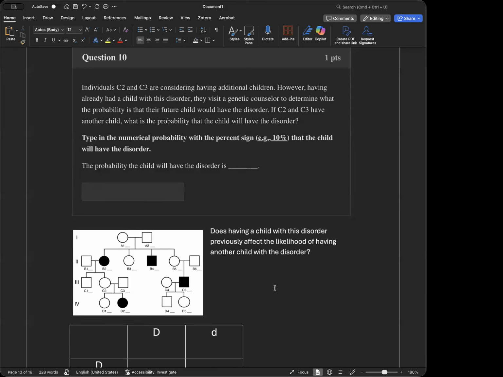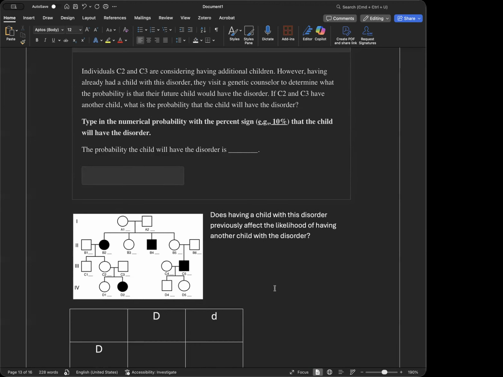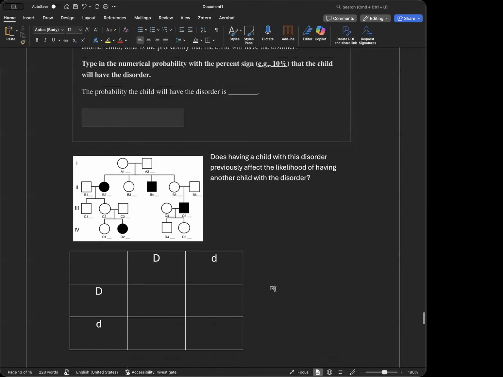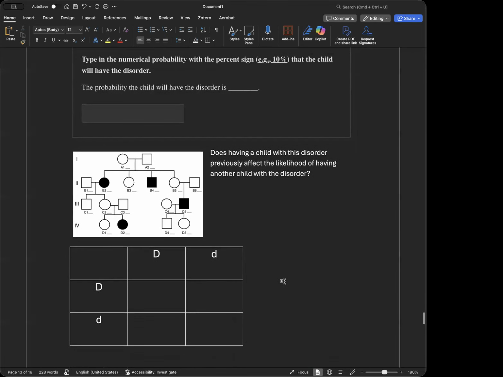We'll type the number as a percentage and include the percentage sign. In order to determine this, because D2 is affected, we know that C2 and C3 are heterozygous. They are not affected themselves, so they are not homozygous, but they are heterozygous because they both came together to have a child that's affected.